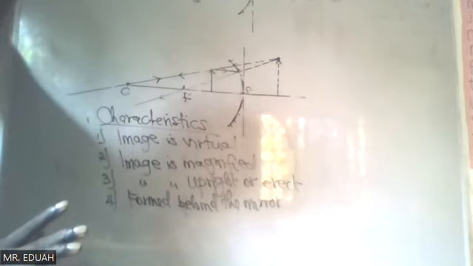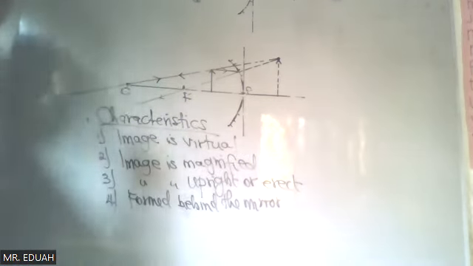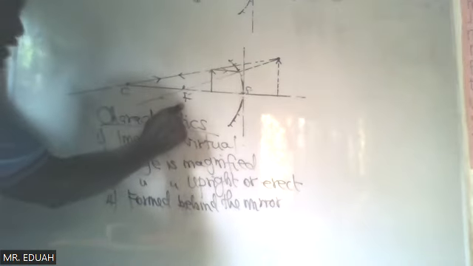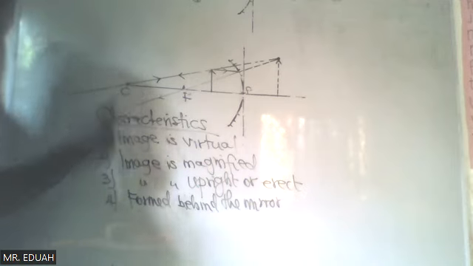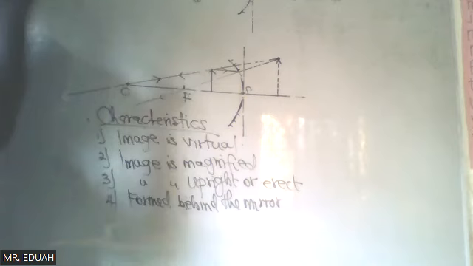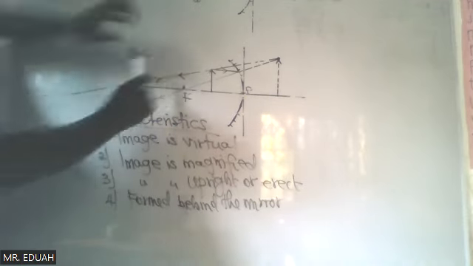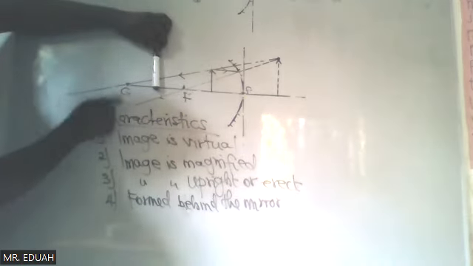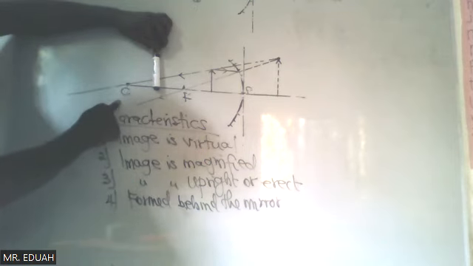Between C and F, the image is real, inverted, magnified, and formed between C and infinity, or behind C. When you place the object here, the image will be formed behind C.